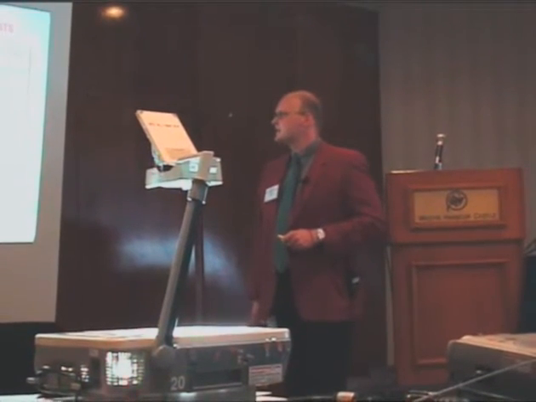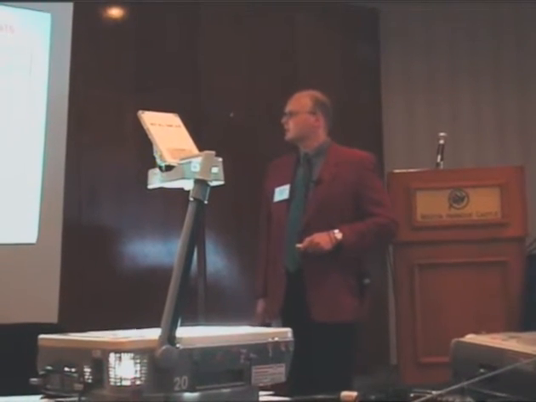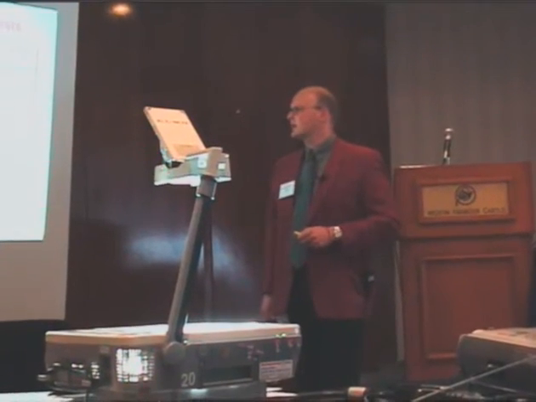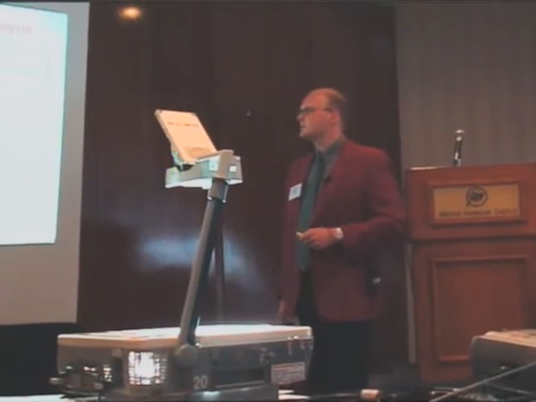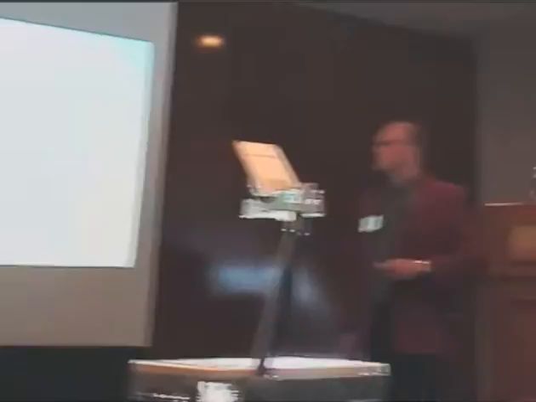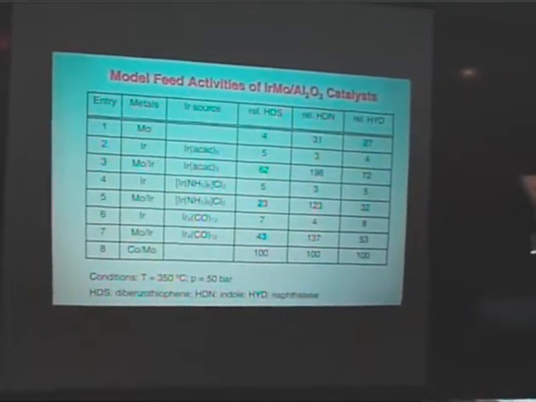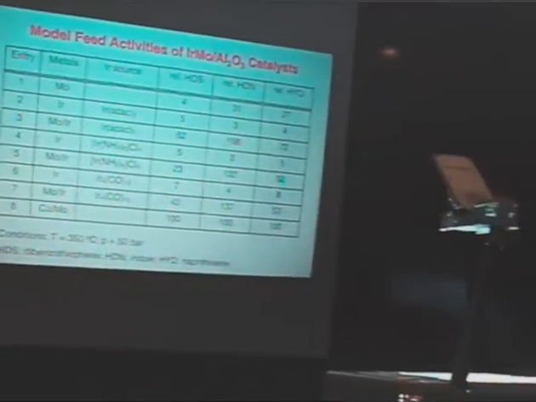in HDS. I should say this is referenced to a standard cobalt molybdenum catalyst with about 13% of molybdenum and 2.6% of cobalt. The order of activity for the iridium molybdenum systems is this one here is best from acetyl-acetonate iridium.